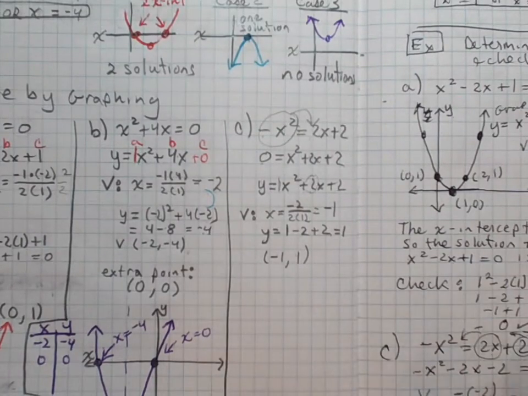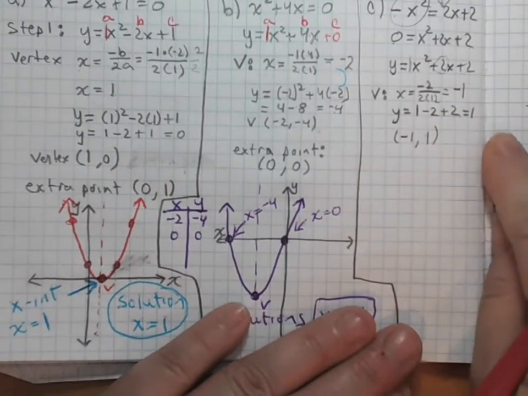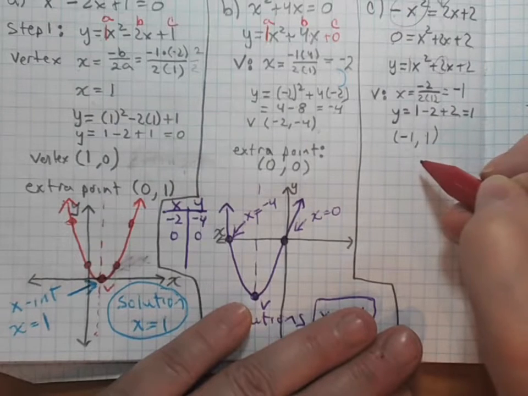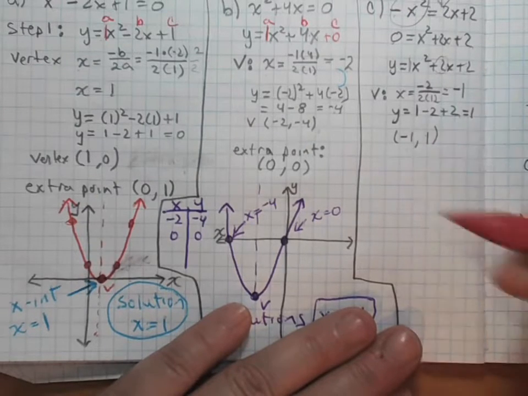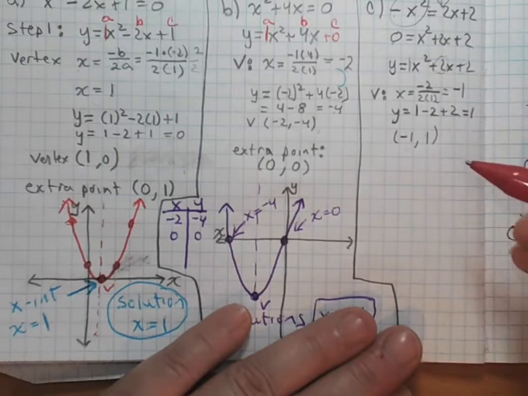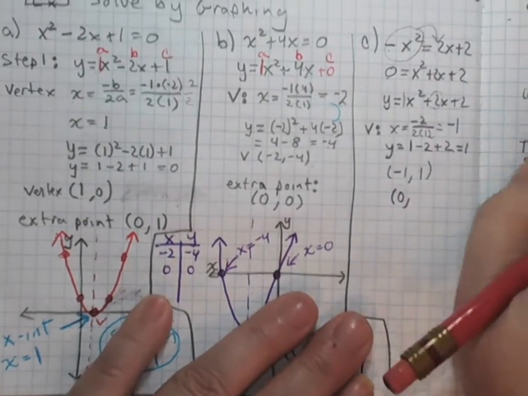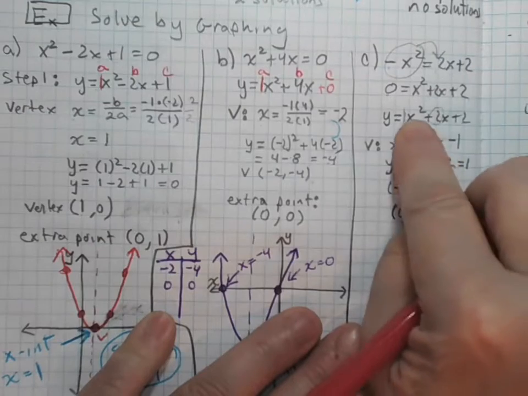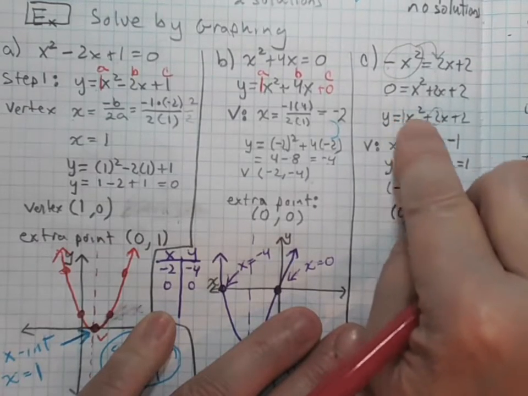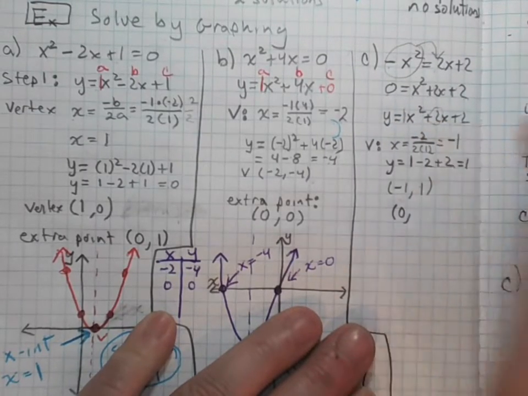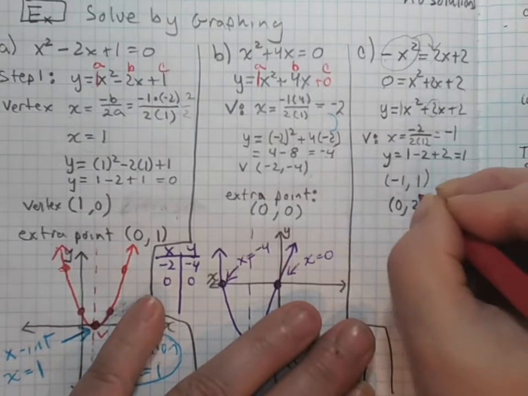I'm going to see if I can fit it all. And then I'm going to find the extra point. I'm going to plug in 0. So an extra point, 0, comma, let's see what happens. So my function's up here. If I plug in 0, I 0 out all the x's. 0 here, plus 0, plus 2. Well, that's 2, so 0, 2.